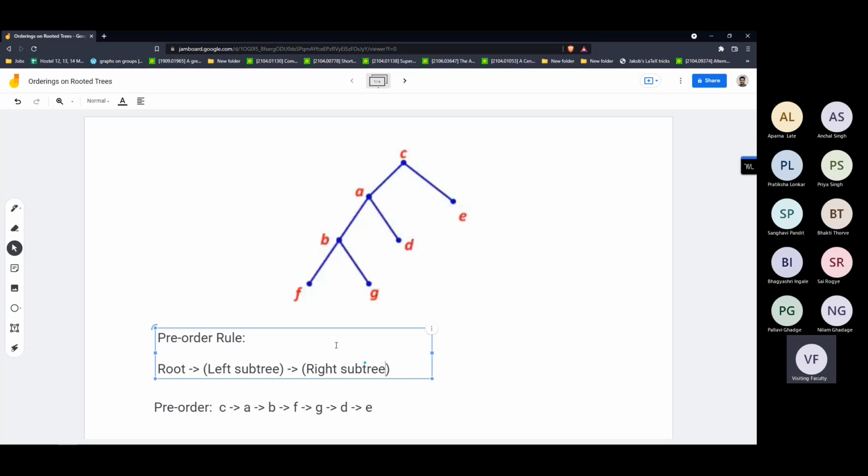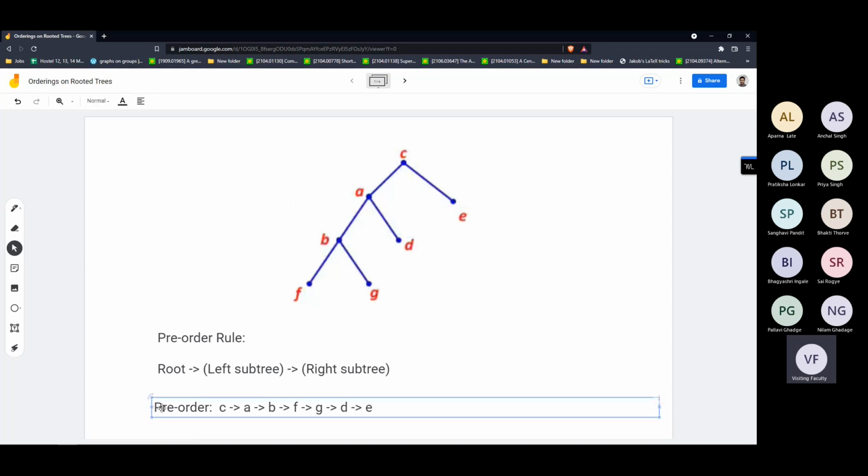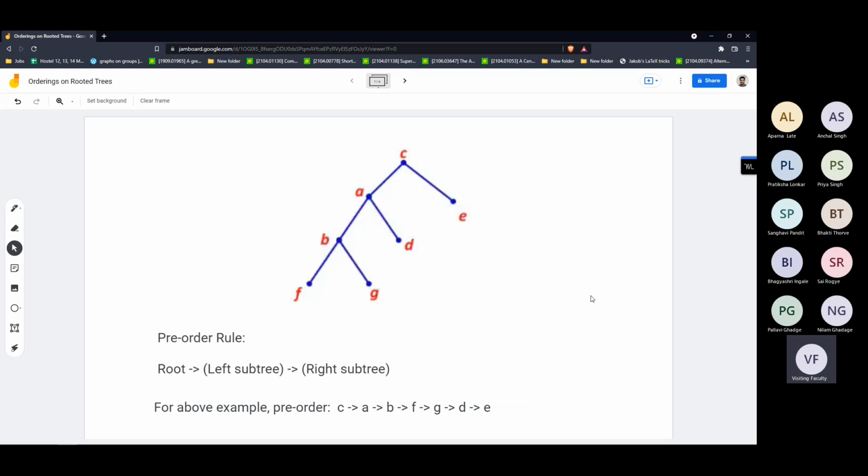Root, left subtree, right subtree. And then this is for the above example, the pre-order is this. Is that clear? Yes, sir. All right. So now you have understood what I mean. When I write this, the root followed by everything in the left subtree, followed by everything in the right subtree. Within the subtrees, you will again induct.